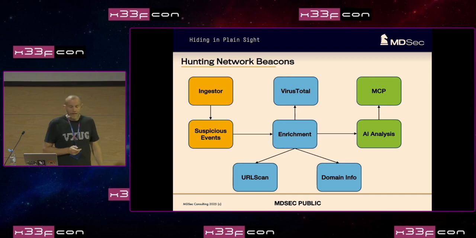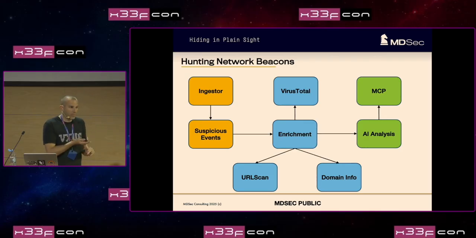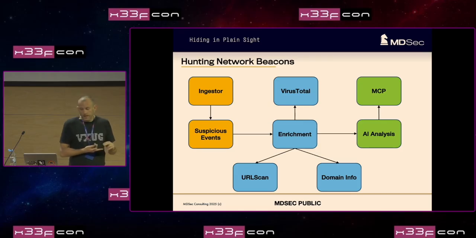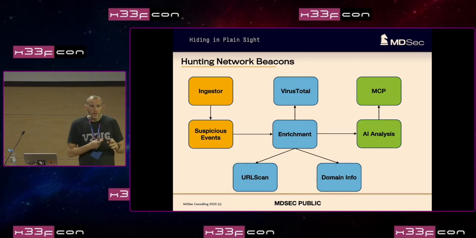Then when we've got those suspicious events, I wanted to enrich that data. There's lots of different things you could use for enrichment if you're looking to implement something like this. The things that I used were mainly the things that were free, so things like VirusTotal scans of the URL, output from urlscan, domain information, SSL certificate information, that kind of stuff.